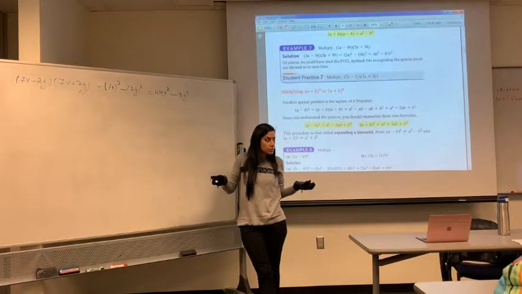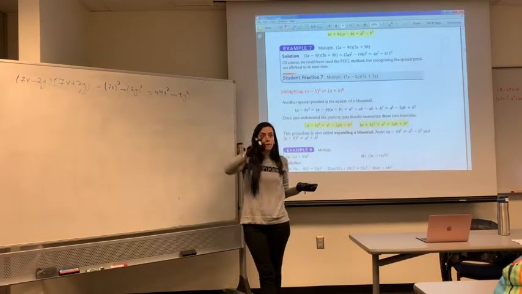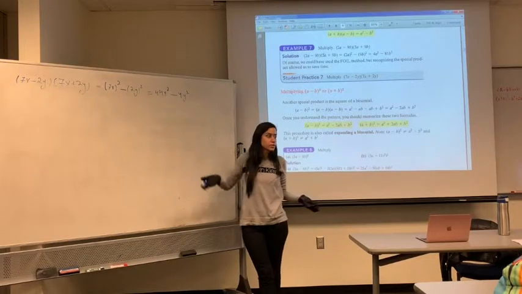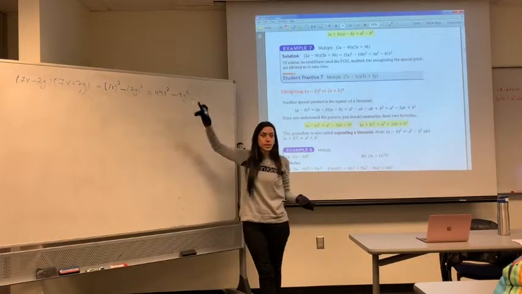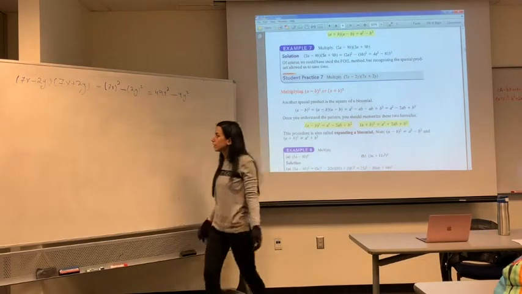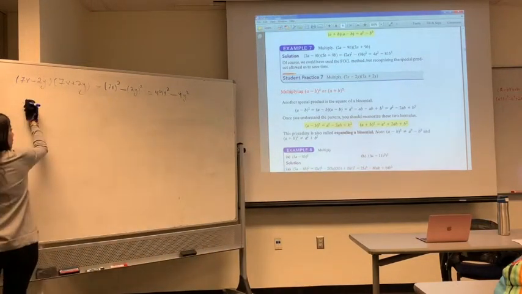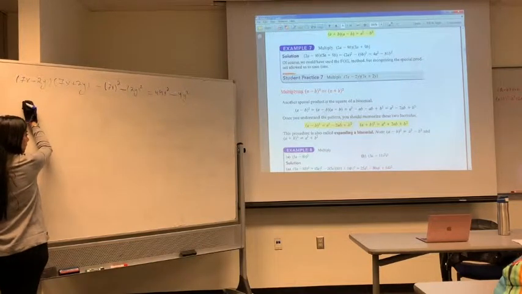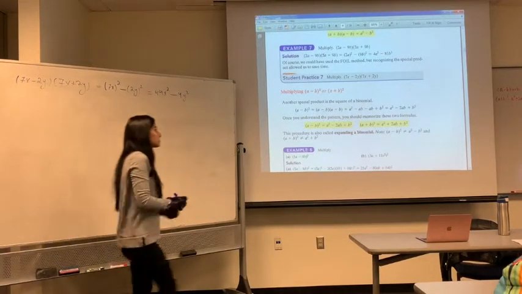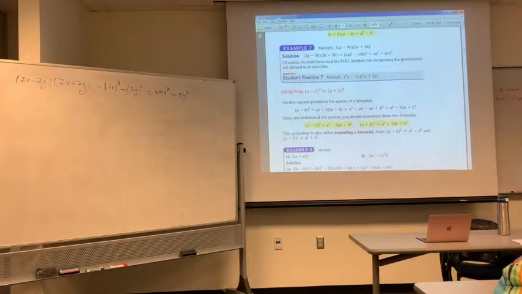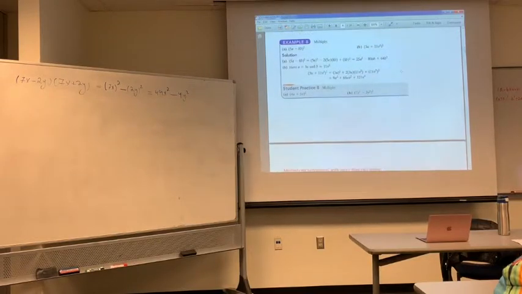FOIL has 4 multiplications, but this one has just 2 terms and you are squaring each term. That was one of the formulas we used last time, and then we are going to use the other 2 formulas. So that would be our answer.